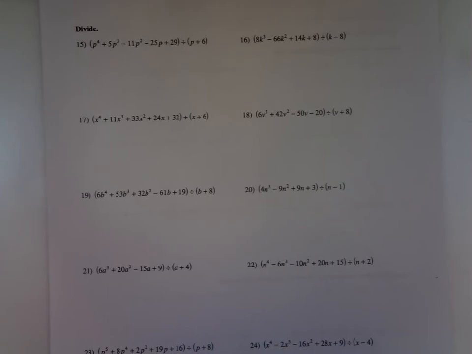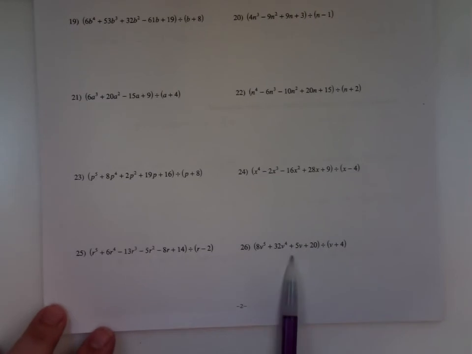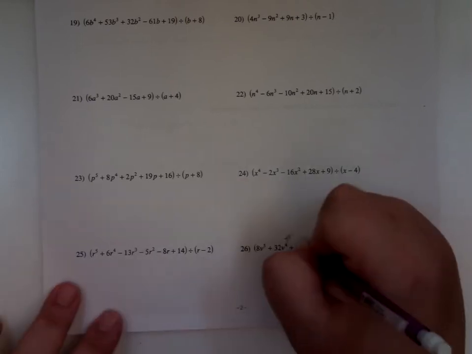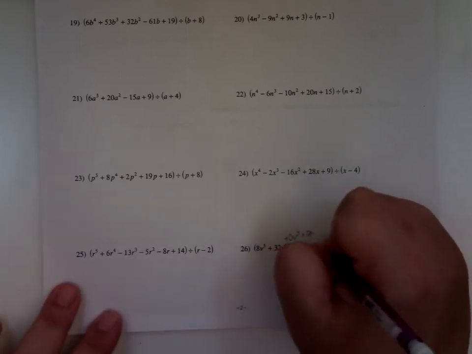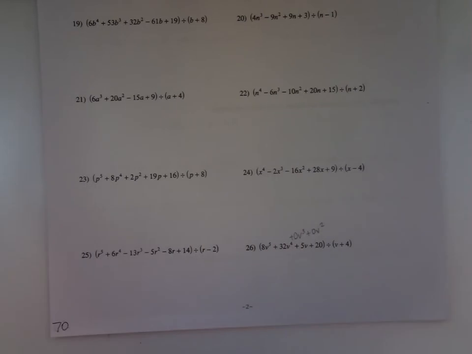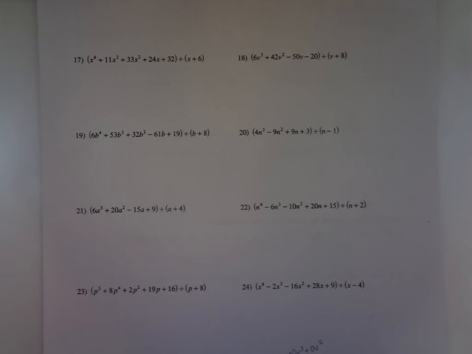So that's very, very important. In something like example 26, you don't have a v to the third, or a v squared, and so you're going to need to fill in plus 0v to the third plus 0v squared when you're actually doing this division. So let's pick a short one that will probably fit on this page.